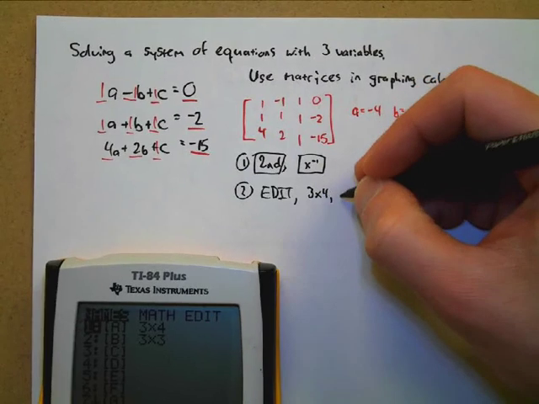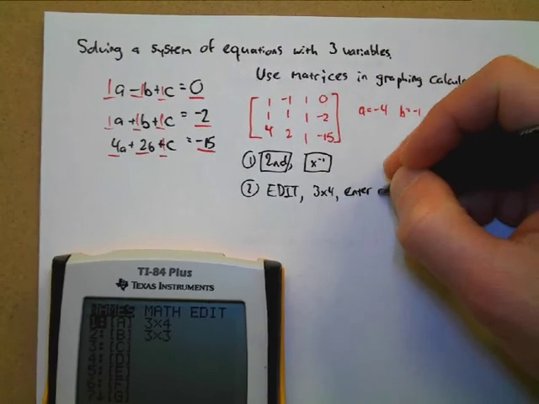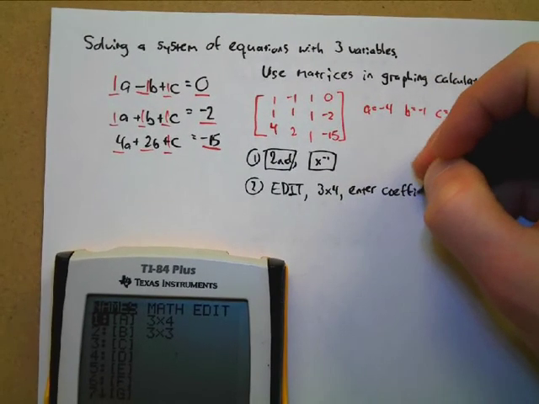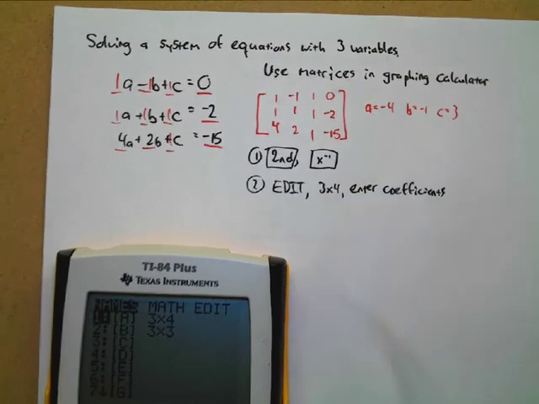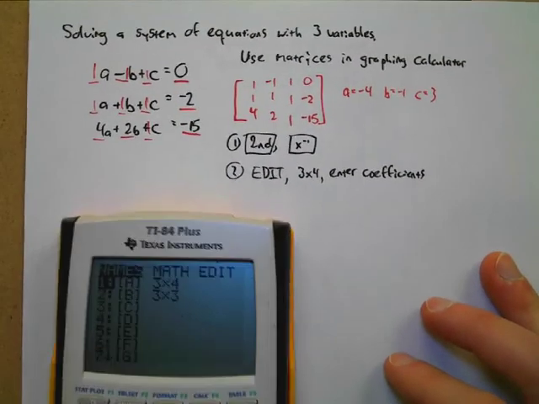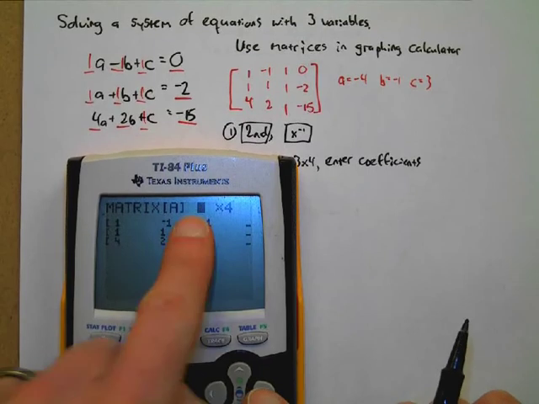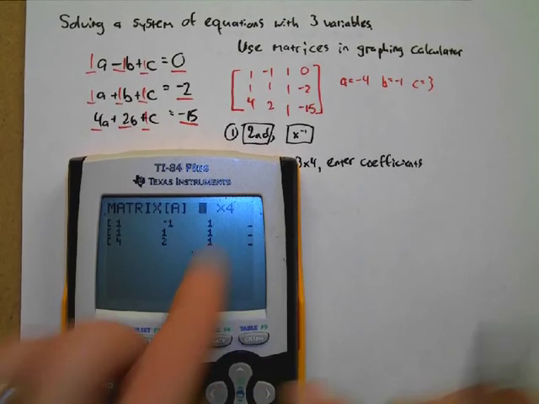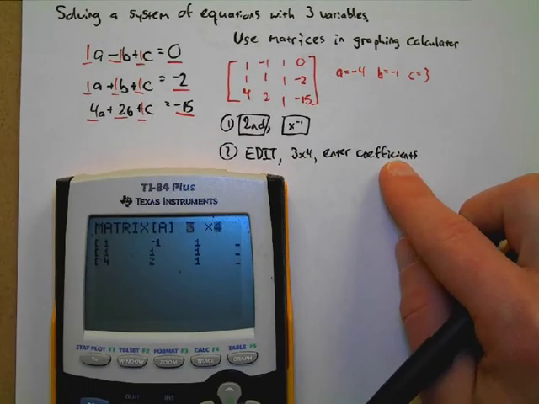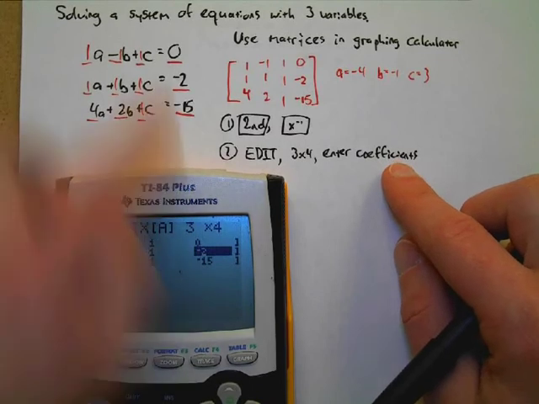And then enter coefficients. Right, we went over to edit, and then it was 3 by 4, right? Made the dimensions 3 by 4, and we entered our coefficients. Okay, and then 0, -2, -15 as well.